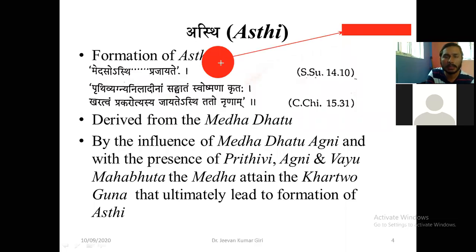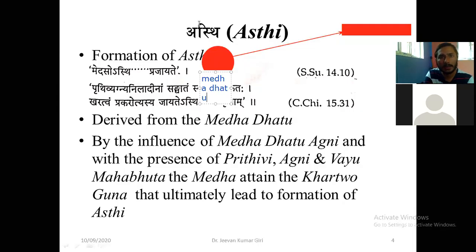So this is the Meda Dhatu. Now see, by the influence of the Dhatu Agni, so Ushmana, Dhatu Agni means Meda Dhatu Agni. So the Meda Dhatu Agni will act upon the Meda.